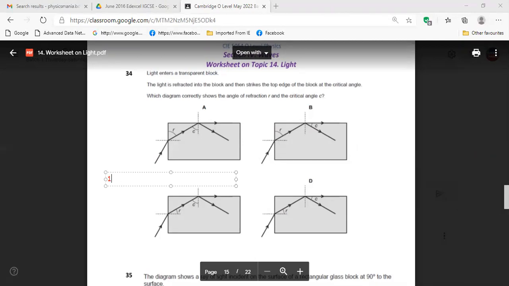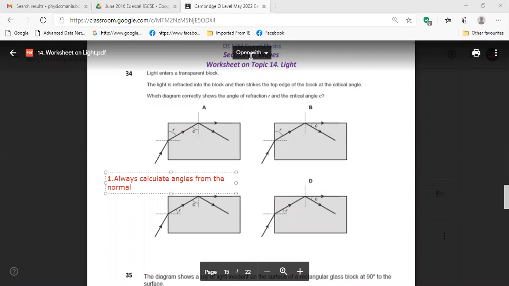First point is: always calculate angles from the normal. This is the first thing you have to remember.